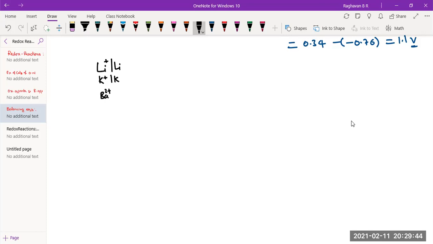Lithium, potassium, barium, calcium, sodium, magnesium, aluminum, zinc, tin.